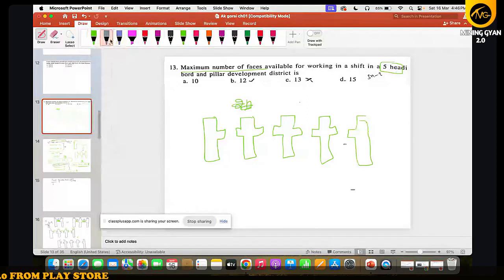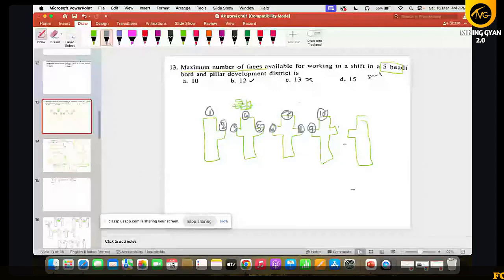So maximum for 1, 2, 3, 4, 5, 6, 7, 8, 9, 10, 11, 12, 13. So 13 will be the answer.